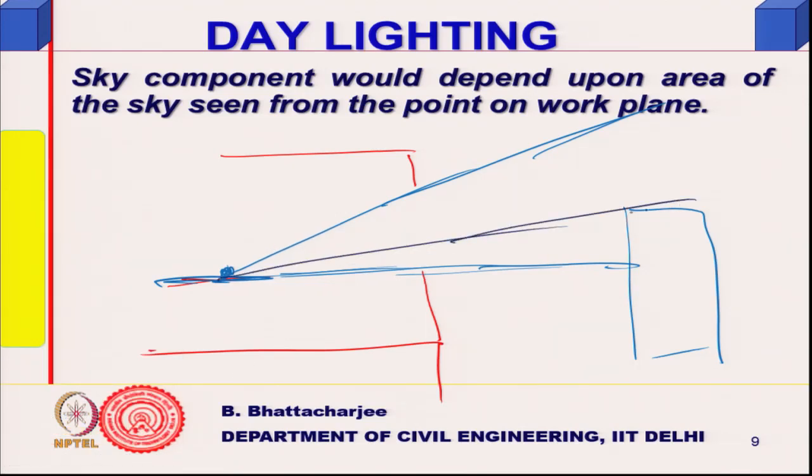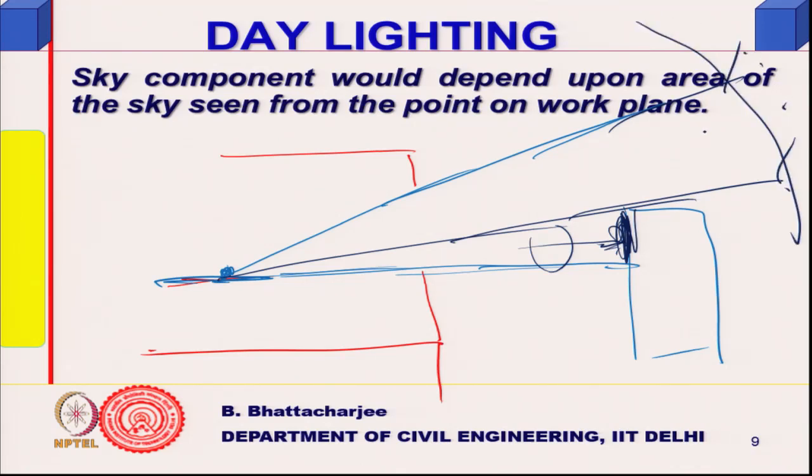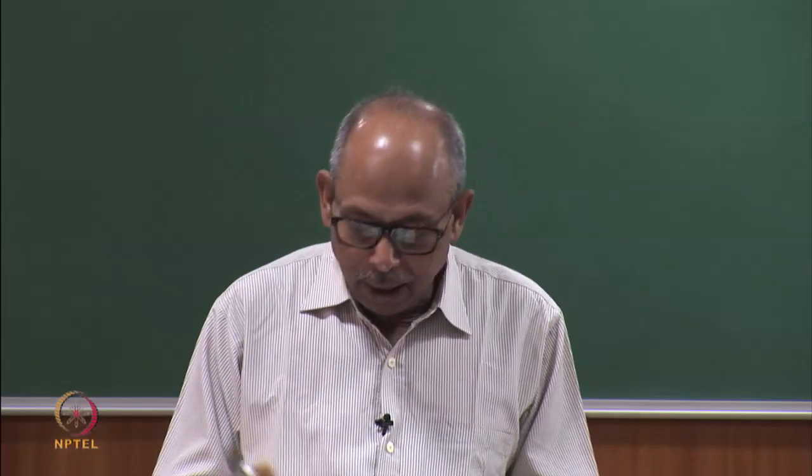This portion will be contributed by whatever brightness it has, and this is the externally reflected component as we have defined. But through this I will be able to see some portion, some area of the sky, and that will contribute to the sky component at this point. It is the portion of the sky I am able to see from this point.